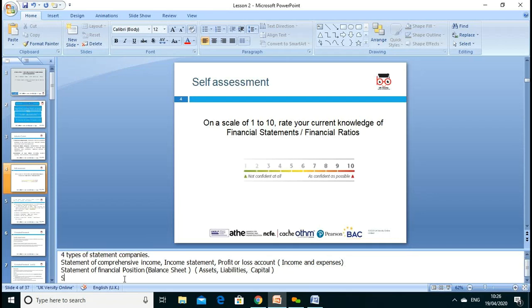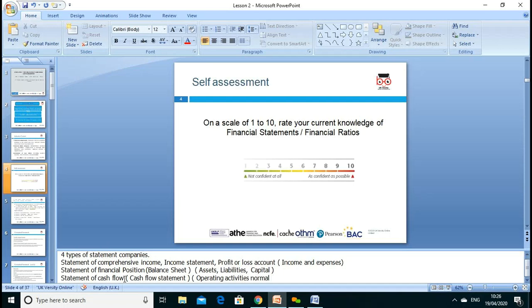The next statement we call the statement of cash flow, also known as the cash flow statement. It shows three activities. Normally the first is called operating activities, so how much money goes in and out of the business.